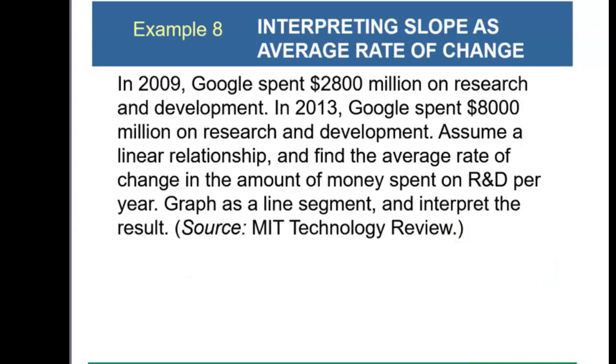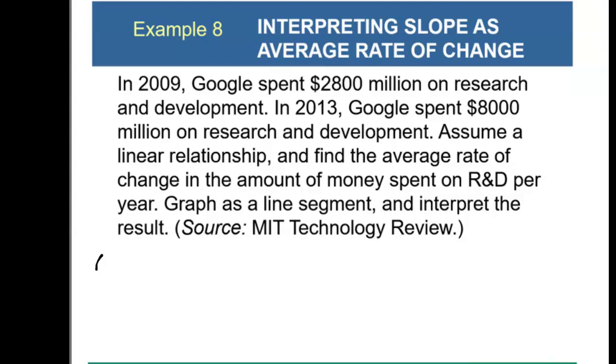Okay, so here we have an example with average rate of change. In 2009, Google spent $2,800 million on research and development. In 2013, Google spent $8,000 million in research and development. We want to assume a linear relationship and find the average rate of change.